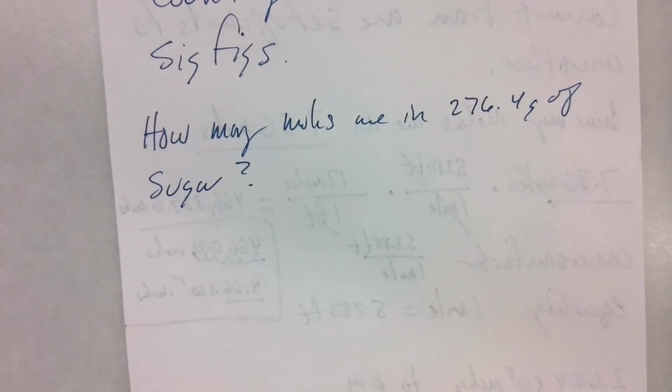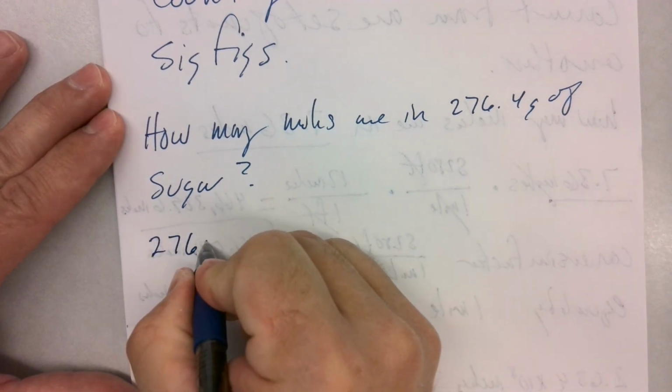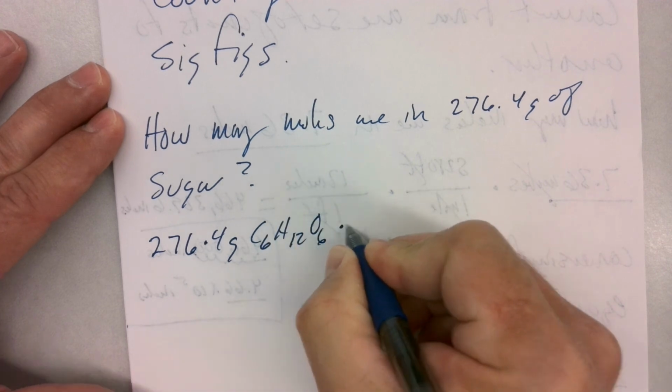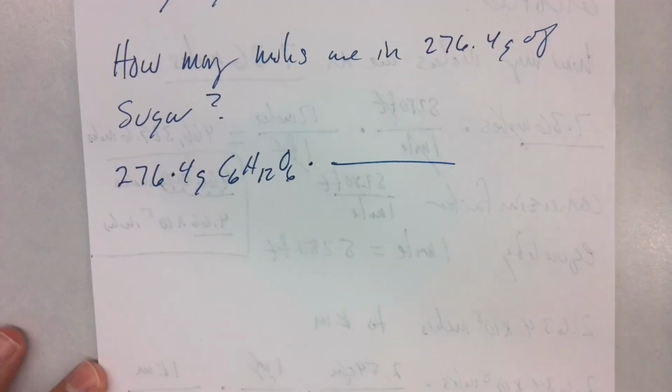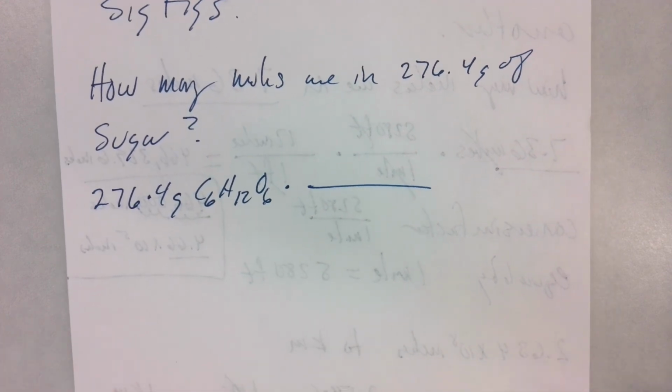Okay? Now, I know I'm going to start with 276.4 grams of C6H12O6.